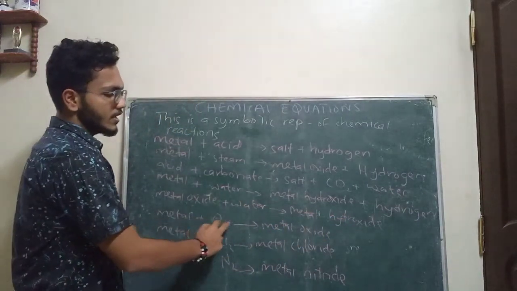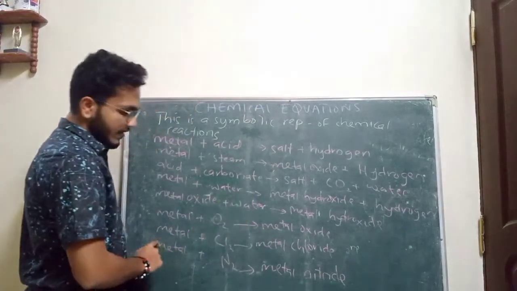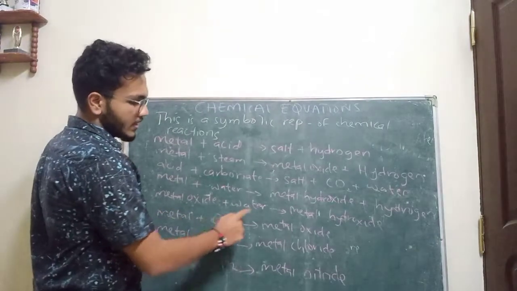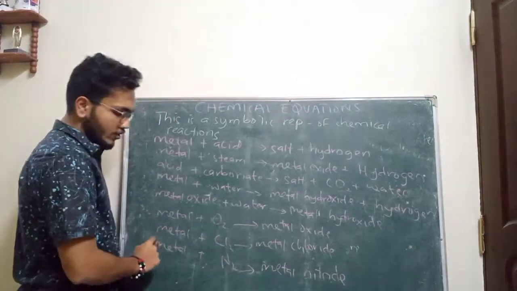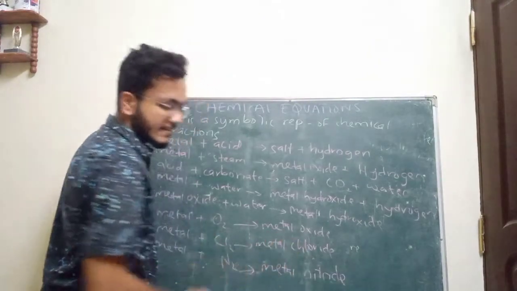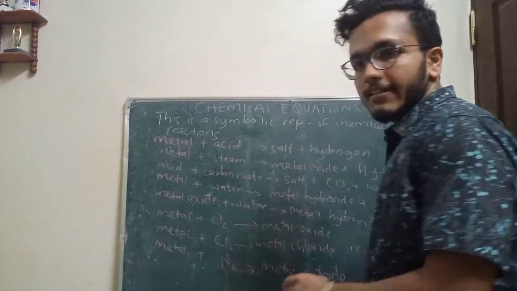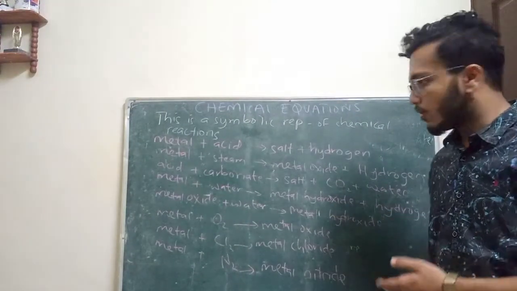Metal plus oxygen is metal oxide, metal plus chlorine is metal chloride, and metal plus nitrogen is metal nitride. For example, sodium plus oxygen is sodium oxide, sodium plus chlorine is sodium chloride, and sodium plus nitrogen is sodium nitride. Now, why have I written these gases? You can write this down for remembering and writing appropriate chemical equations.